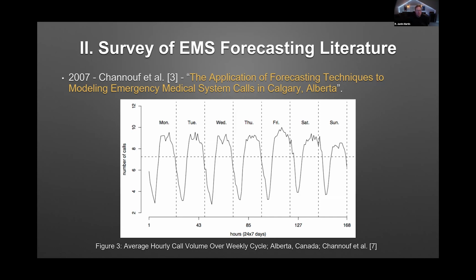But what we can see here is that the demand for EMS is relatively stationary based on the time of the day and the day of the week. And so for that reason, time series forecasting, and even simple time series forecasting like using moving averages, is actually a very effective method.